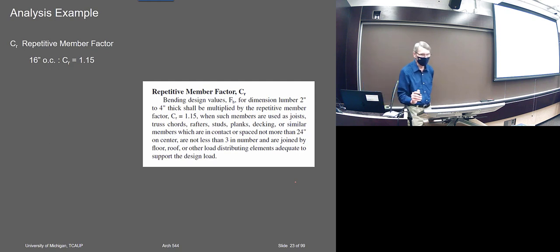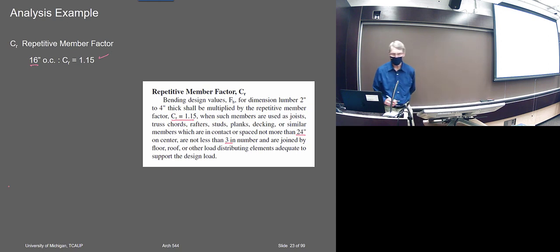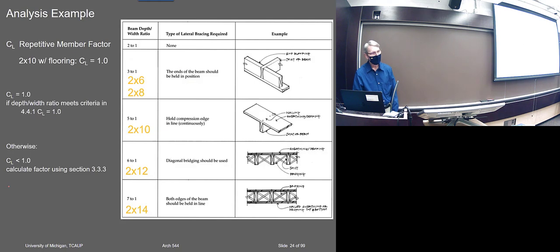And then repetitive use is pretty straightforward. If it is repetitive, which it is, we've got more than 3, and it's less than 24, so we got 16, so we got 1.15. So those are the only, right? So I think I got, oh no, we still have to get CL. CL, okay, so we've got a 2x10, so a 2x10 would be this guy.